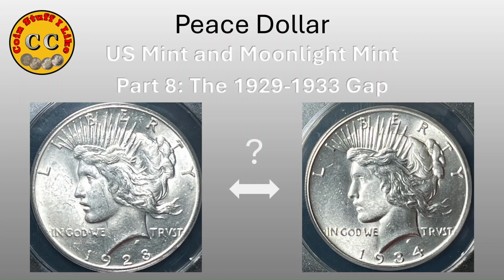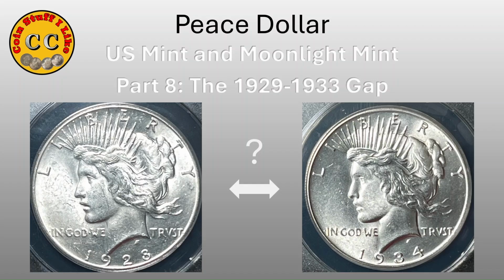And then, of course, the Great Depression in 1929, and the depths of the Depression prevented the minting of peace dollars. There's no need until they started in 1934.